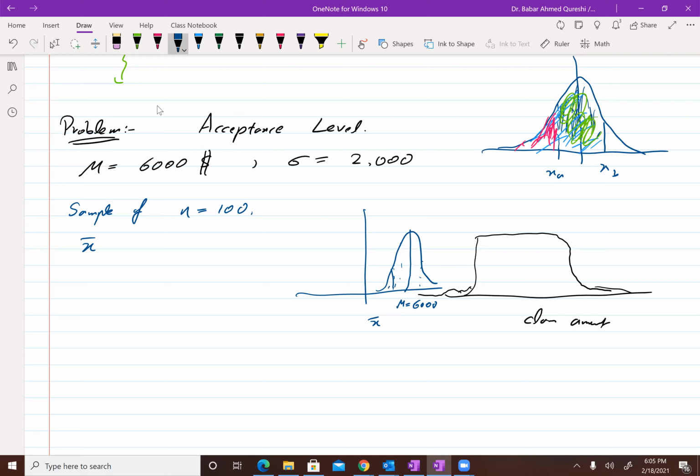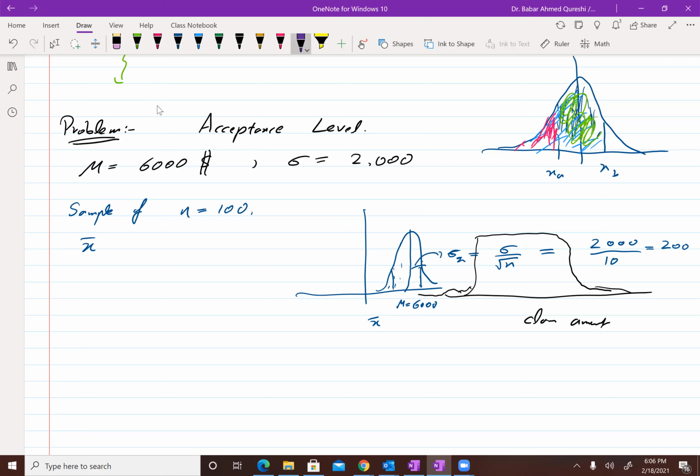Well, you know the standard deviation in these means. You expect it to be sigma over square root of n. Sigma in this case is 2000, and the square root of 100 is 10, so you expect the standard deviation to be 200.